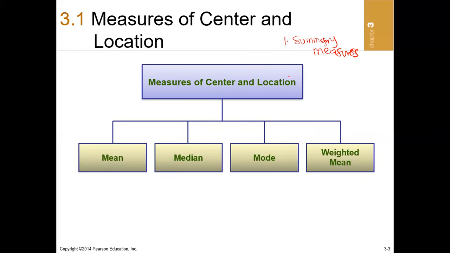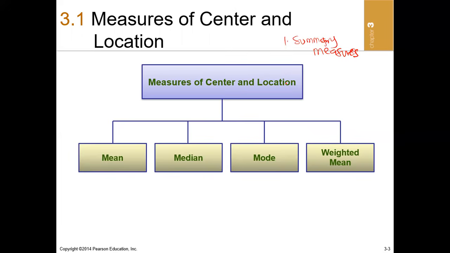Now, I want you to understand that the summary measures or the averages or the measure of center or the measure of location, these are synonymous phrases. So the measure of average is the same as the measure of the center of a data, is the same as the measure of location of the data, and is the same as an average. Now, I want us to go beyond this meaning of average.